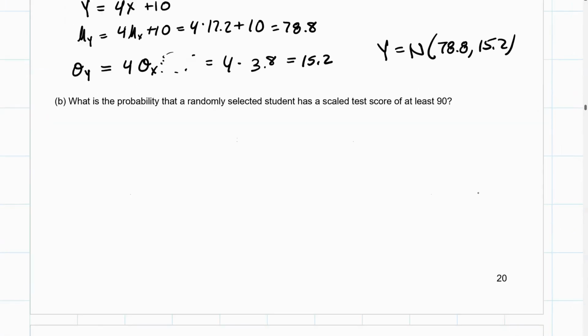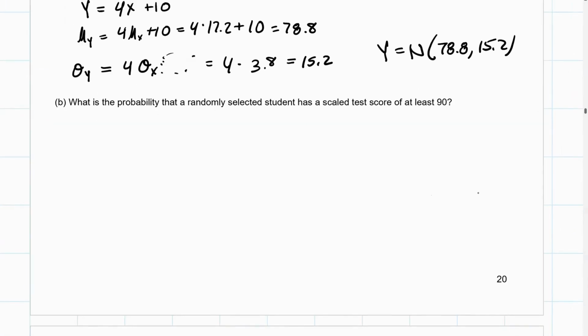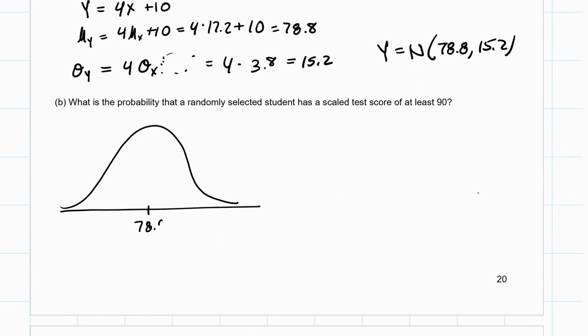So say, what's the probability that a randomly selected student has a score of at least 90? Well, shape stays the same, normally distributed. The mean is 78.8. The standard deviation is 15.2. If we add those two together, we get one standard deviation above the mean, which is 94, I think.